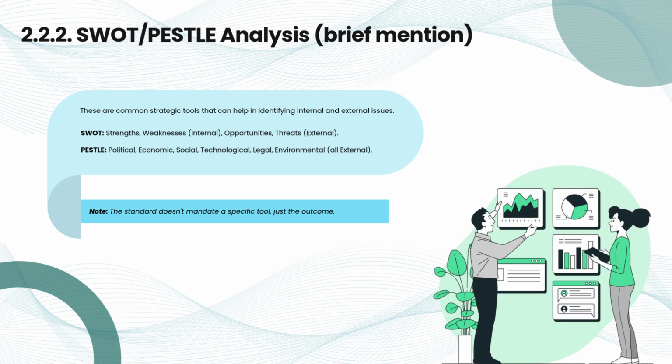SWOT looks at your strengths and weaknesses, which are internal, and opportunities and threats, which are external. PESTEL is specifically for external factors: political, economic, social, technological, legal, and environmental. You don't have to use these, but they provide a structured way to brainstorm and analyze.